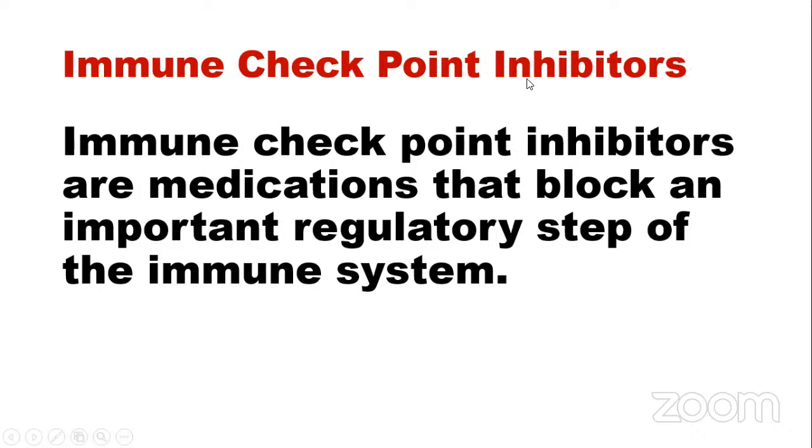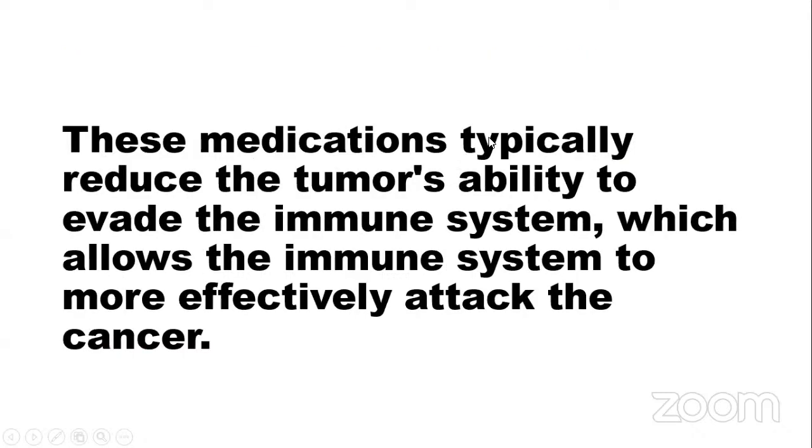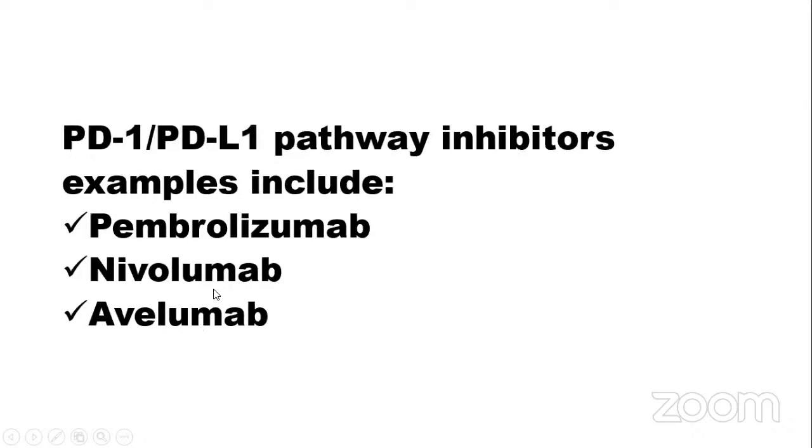Immune checkpoint inhibitors are medications that block an important regulatory step of the immune system. They typically reduce the tumor's ability to evade the immune system, allowing the immune system to more effectively attack the cancer. We have PD-1 and PD-L1 pathway inhibitors.